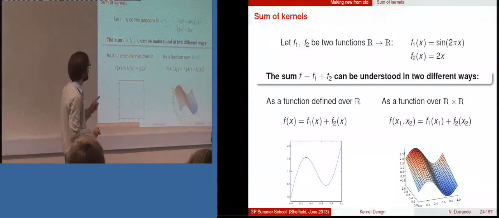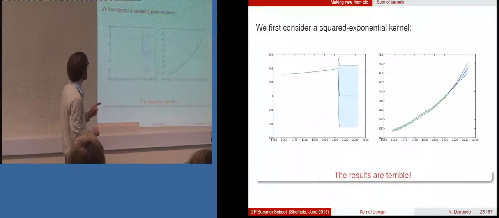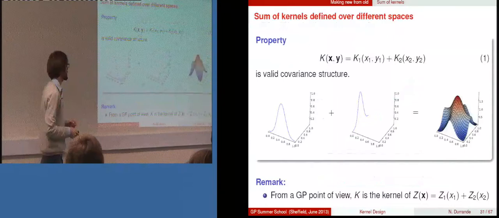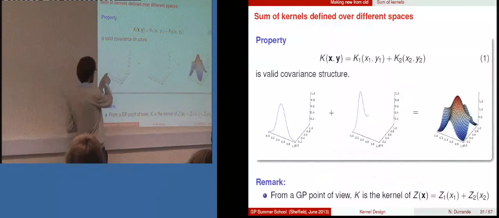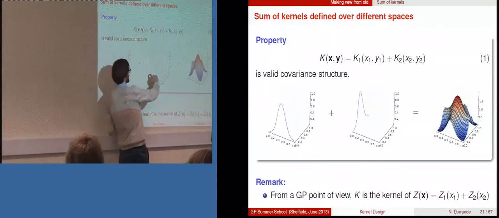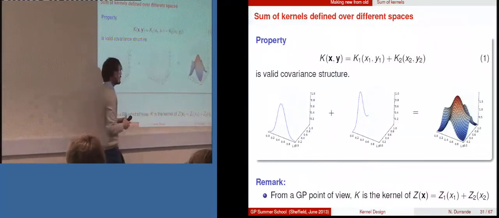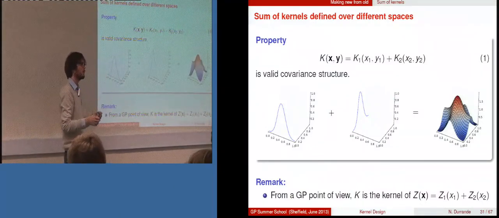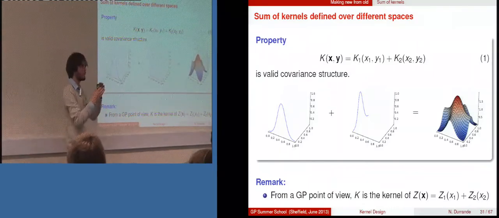Maybe I will show you a slide that comes later, but maybe this one explains it better. You have a function defined over one space, a function defined over another space, and then you add them together, and you obtain a function defined over the whole space.